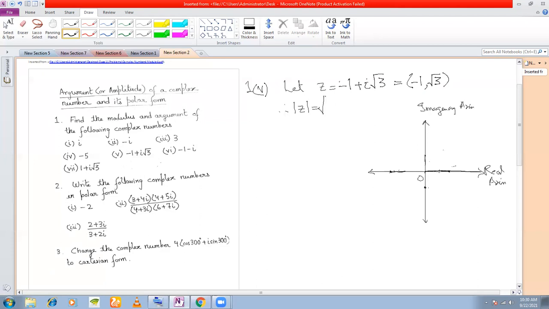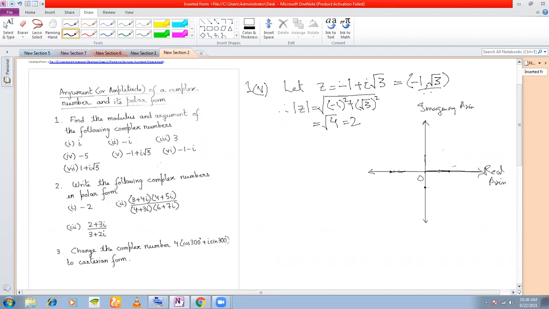So the modulus will be root over (-1) squared plus root 3 squared, which is equal to root 4, which is 2. Now we'll proceed to find the argument of this.